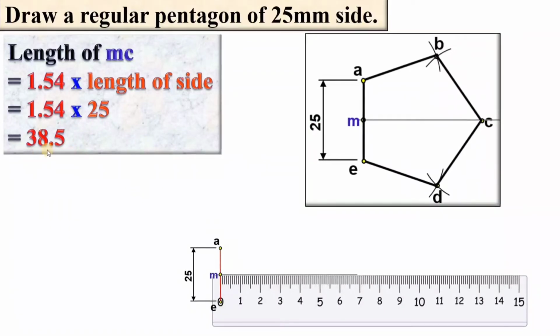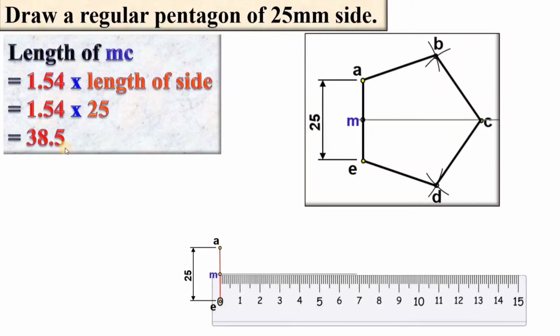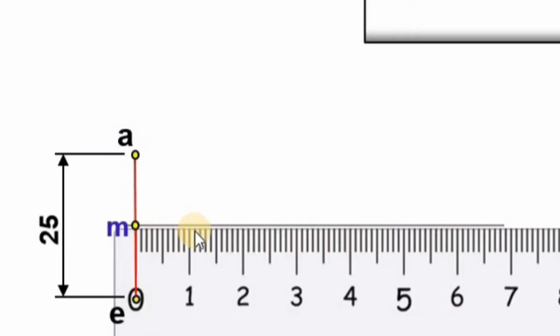If you simplify, you will get 38.5 mm. Now mark at 38.5 mm. Here you can see 10, 20, 30, 40, so exactly at 38.5 mark it as point C.